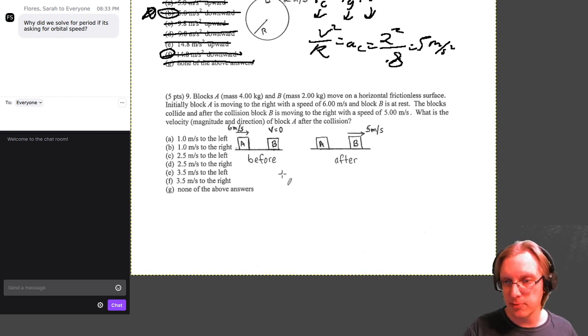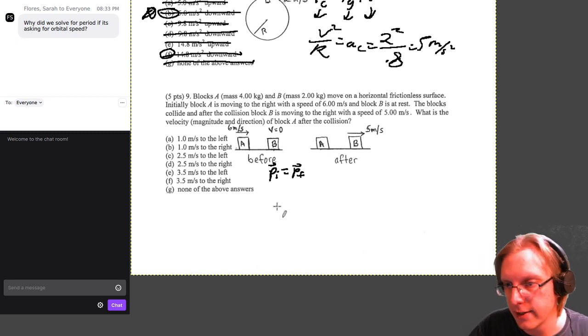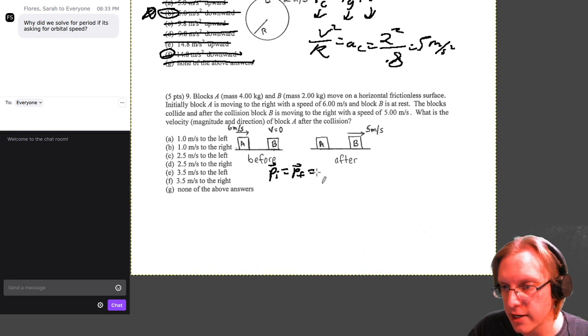Alright, this is a momentum conservation question. So momentum initial must be equal to momentum final. Alrighty, so this is actually momentum A final plus momentum B final. There we go.